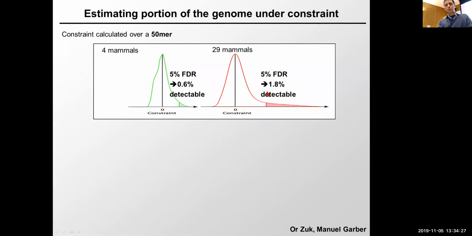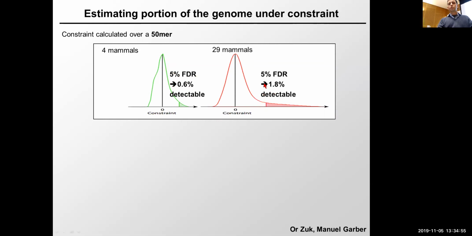Every single time you detect a portion of the genome as being under constraint, you choose some threshold. Everything above that threshold you call constrained, and everything below that threshold you call non-constrained. With 4 mammals, you can set that threshold at some level with some false positive rate, say 5% false discovery rate.